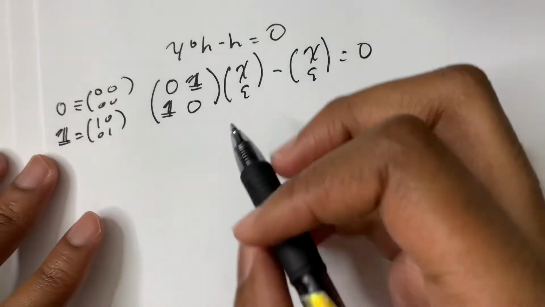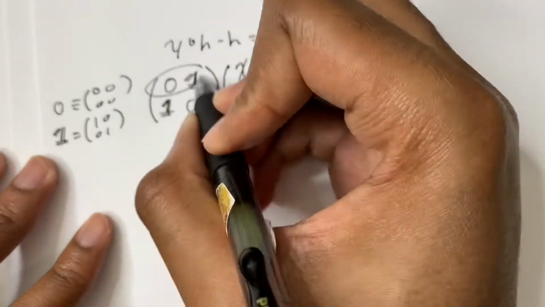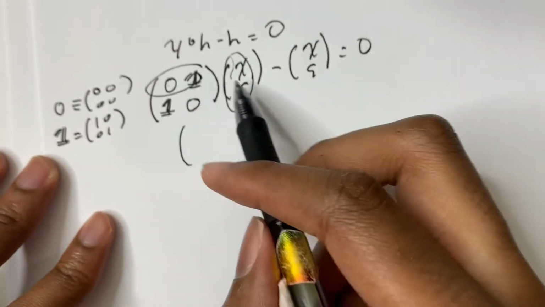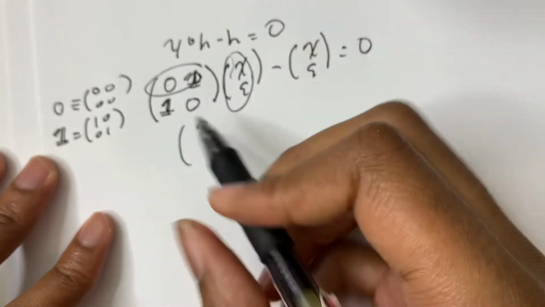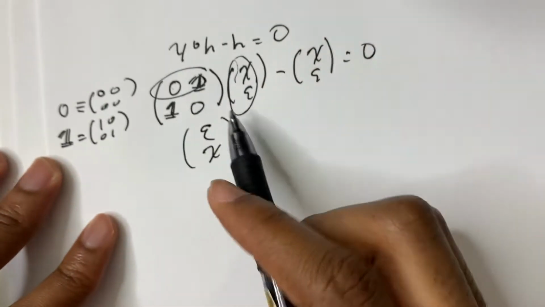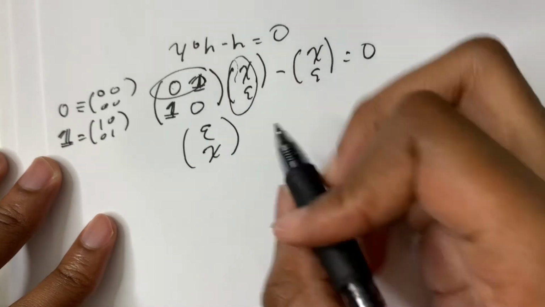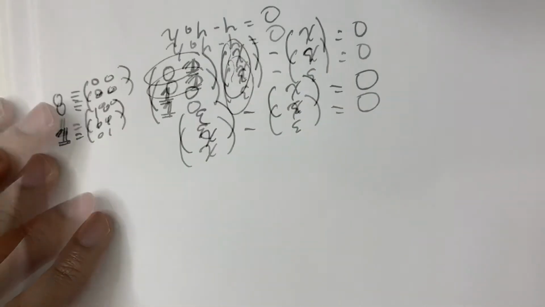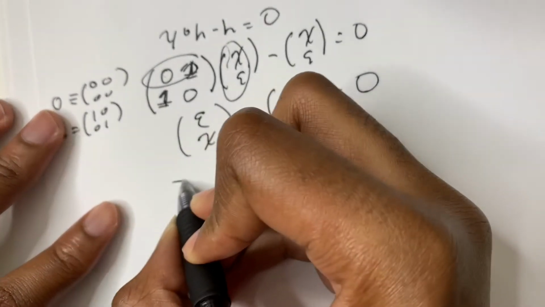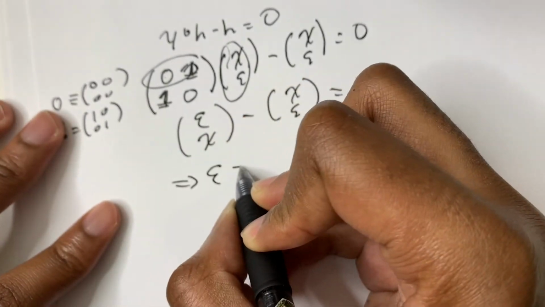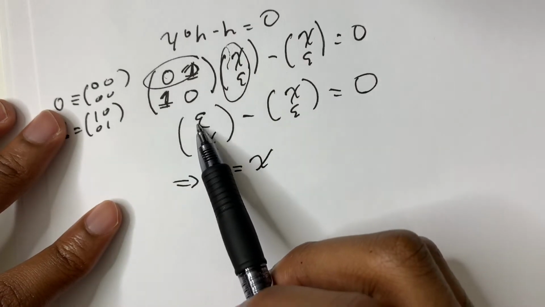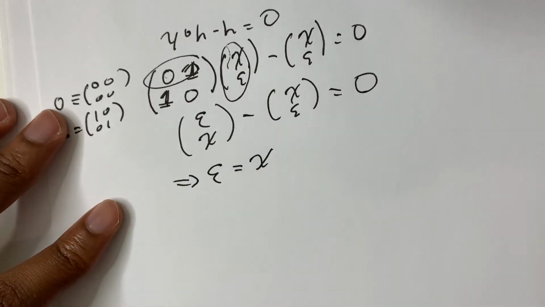Alrighty? So when you multiply this out, we have 0, you have ε here, χ, it's just matrix multiplication, minus χ ε equals 0. This now implies that ε equals χ, since for this to be 0, ε would have to be equal to χ.